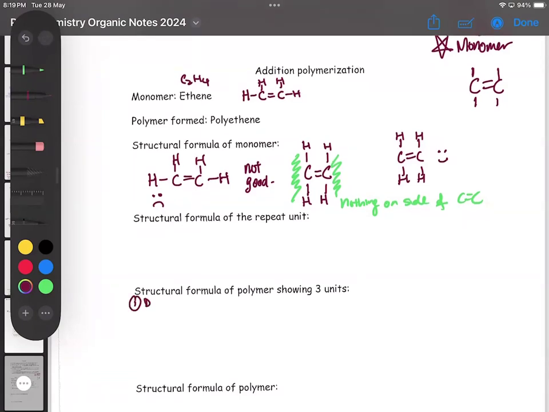Step number 1, draw 3 monomers first. So monomer number 1, monomer number 2, and number 3.